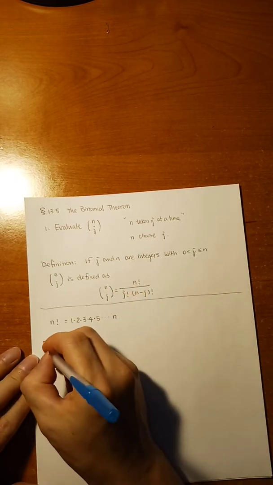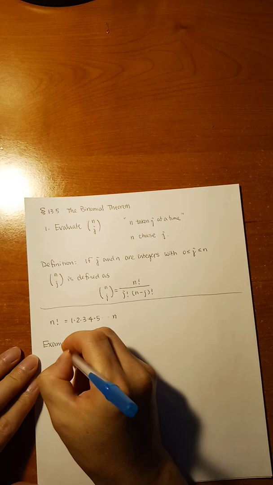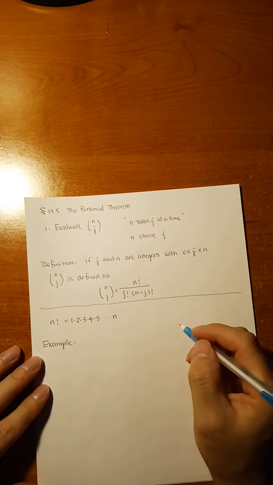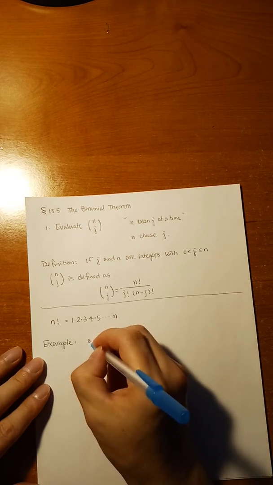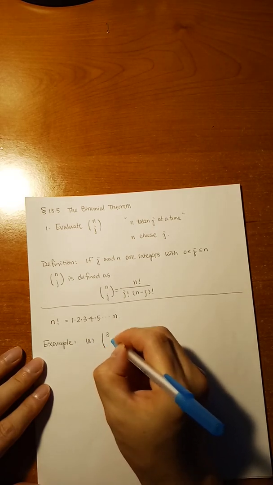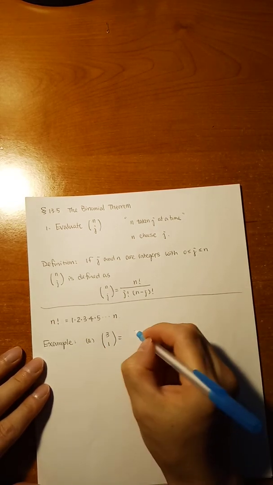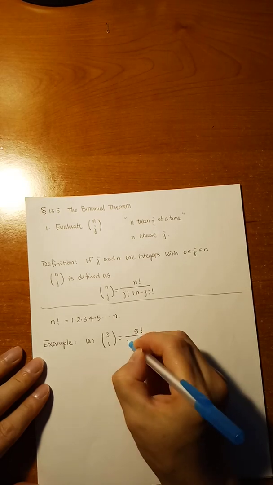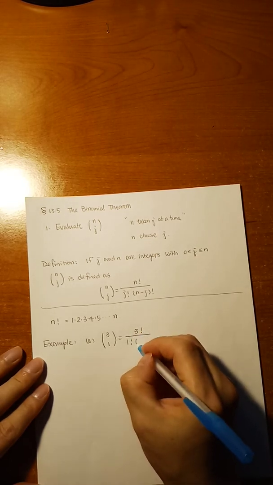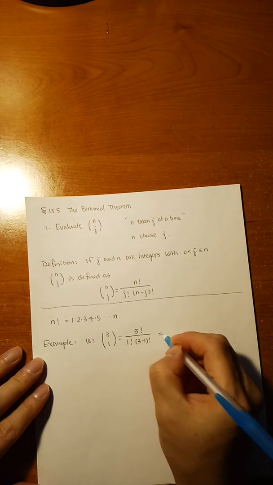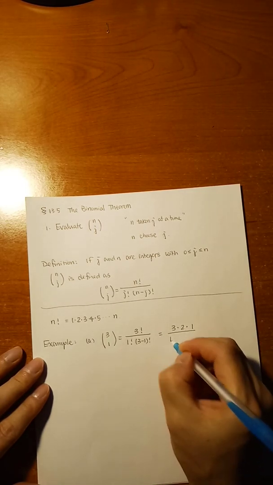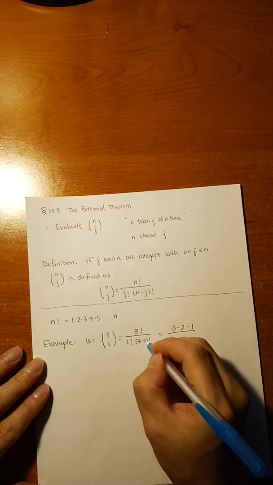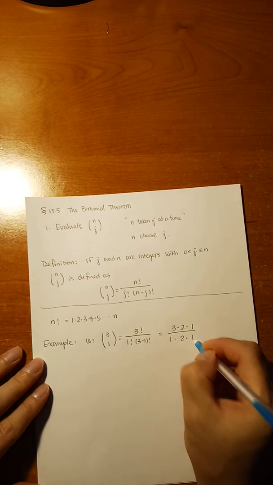So first, let's see the example. If we want to evaluate 3 choose 1, it means you have 3 factorial over 1 factorial times 3 minus 1 factorial. So 3 factorial is 3 times 2 times 1. 1 factorial is 1. 3 minus 1 is 2. 2 factorial is 2 times 1.